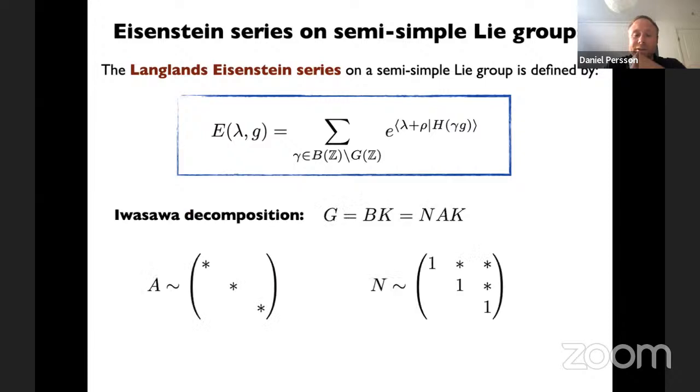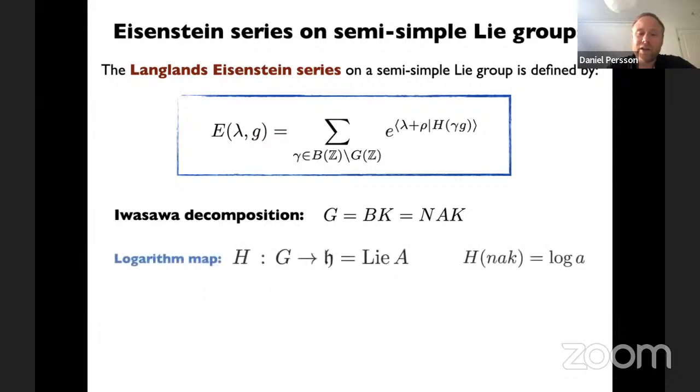So what does this mean? Well, first of all, I'm assuming that the group here has an Iwasawa decomposition, so it can be decomposed into NAK, where NA together is a Borel subgroup and K is the maximal compact subgroup. So feel free to think of this as A being the diagonal matrices and N being the upper triangular matrices with ones on the diagonal.